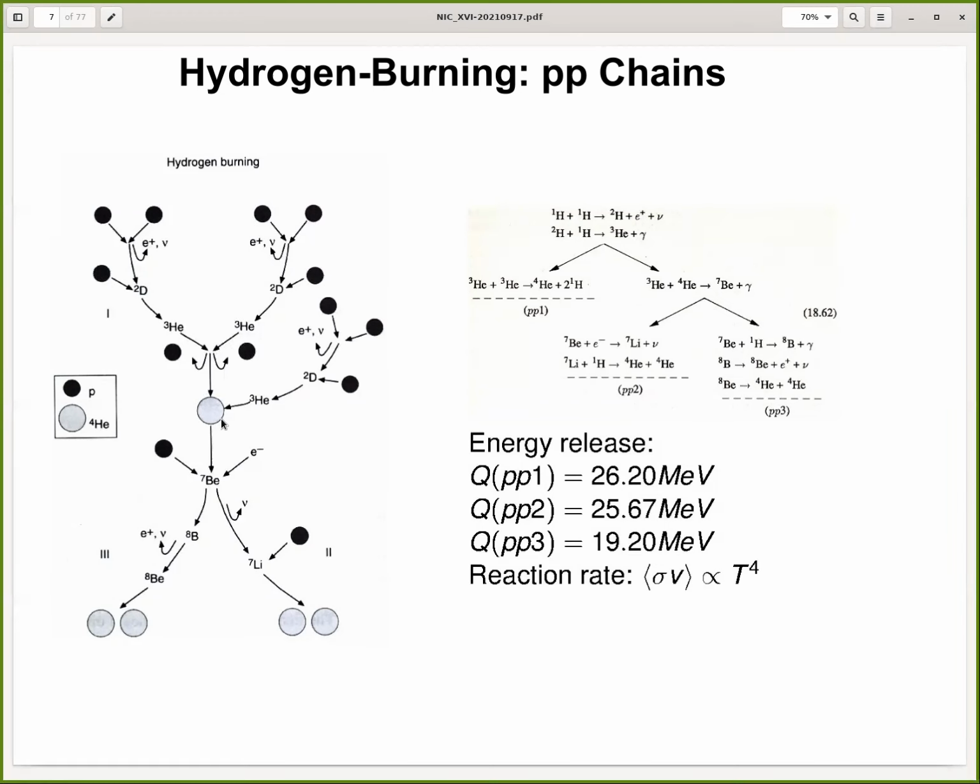So this part over here. And when you count, there are actually six nucleons coming in. Each of these has 2 protons and 1 neutron, and the helium-4 has 2 protons and 2 neutrons. So 2 of the protons are superfluous and are being released again, and so they can go back to the beginning of the cycle.